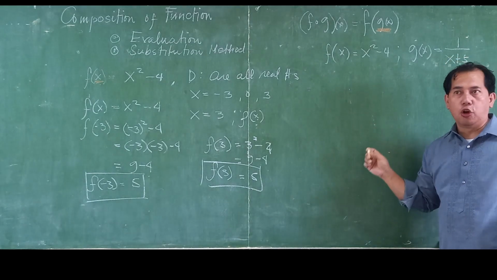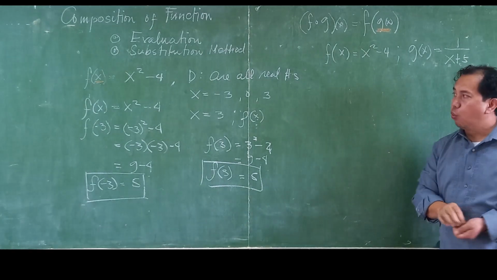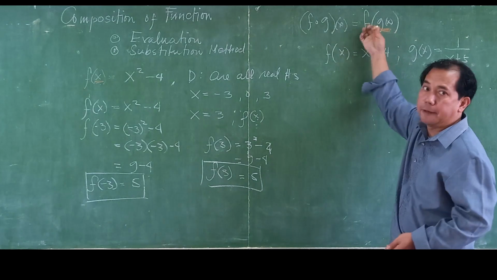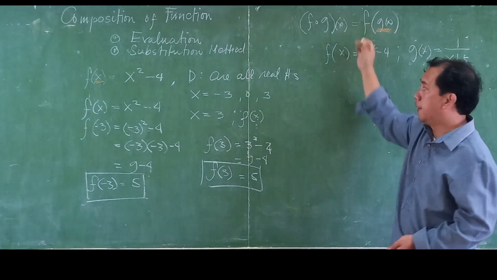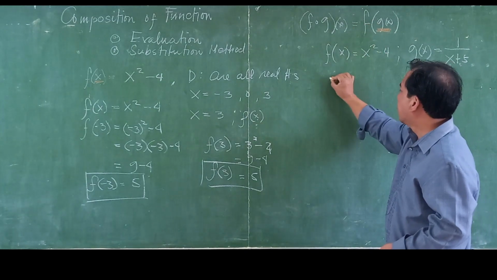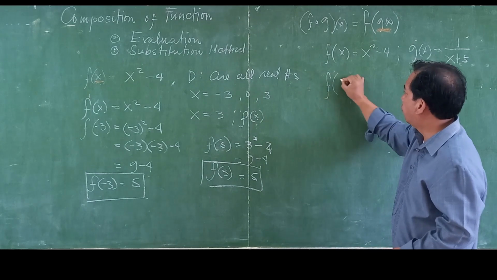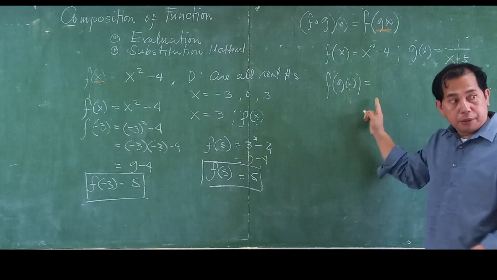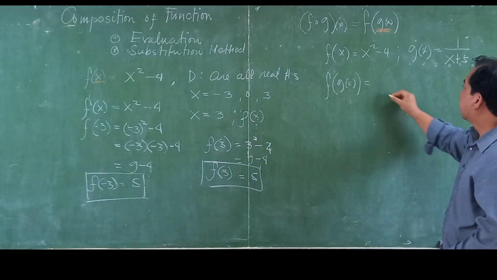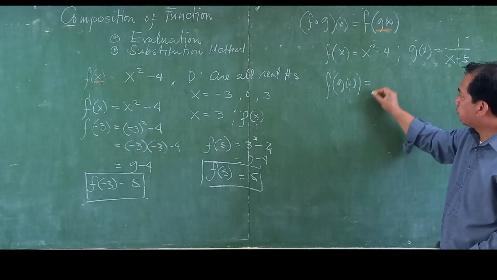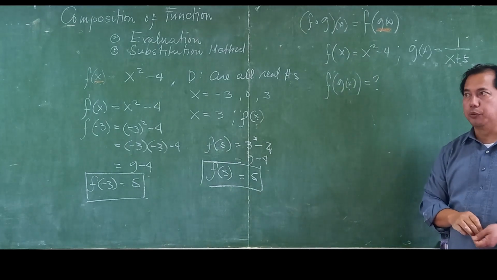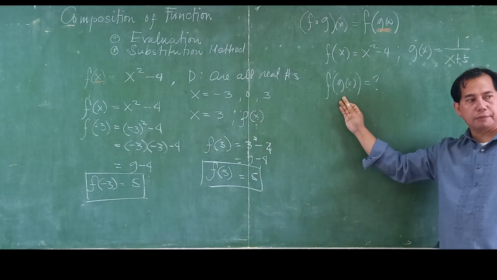So if we are going to combine them, what would be the result? So how do we combine them? Meaning, we use this one. That is the same as we have in here, f of g of x is what? The same as our unknown. So how do we evaluate?